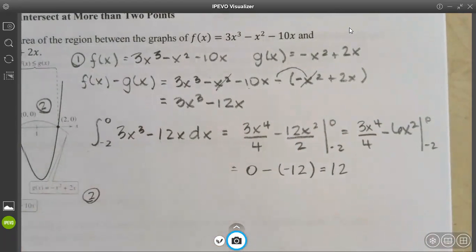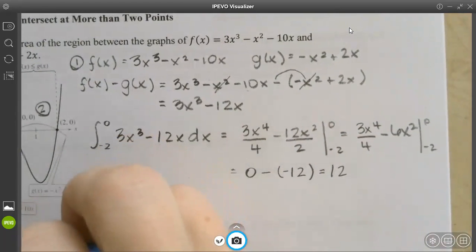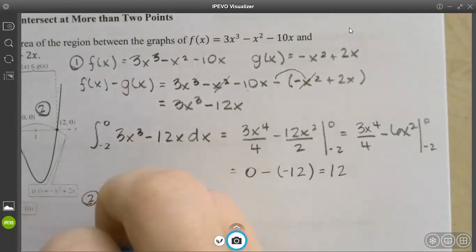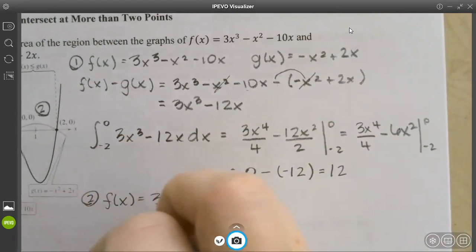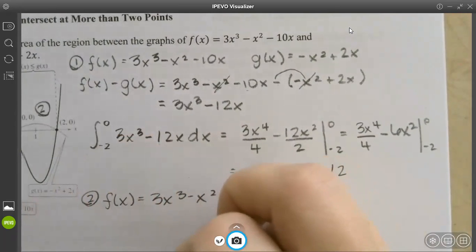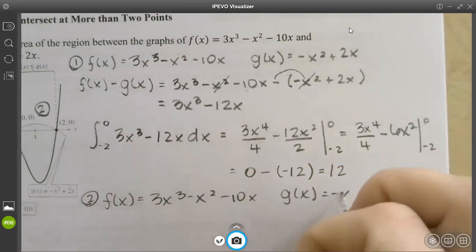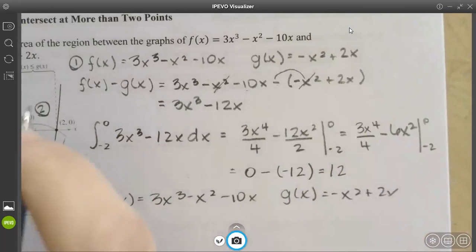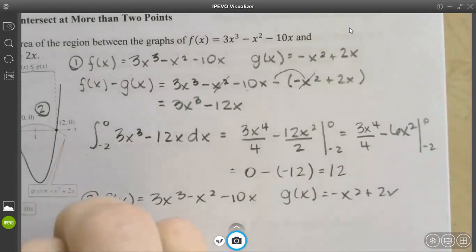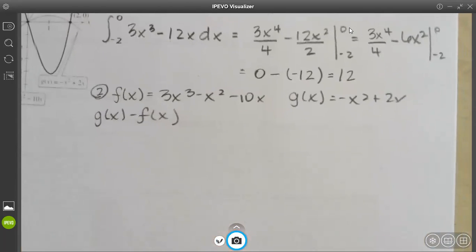Now I'll do the second one. What changes about this one? We're going to keep the same f of x, but the problem is that they interchange positions. So this time we have to subtract f of x from g of x.